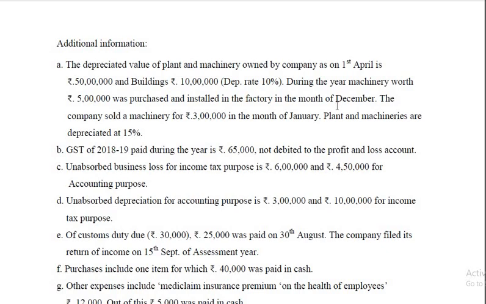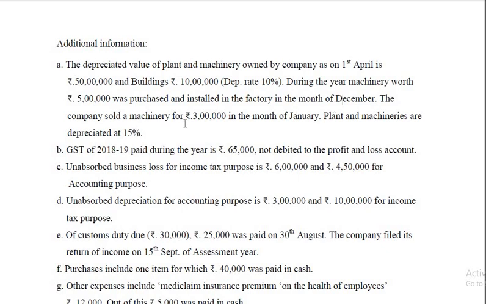That means it is used for a period less than 180 days. As a result, it is subject to normal depreciation as well as additional depreciation. So it is 50% of normal depreciation, that is, the normal rate of depreciation is 15%, 50% of that is 7.5%, and the additional depreciation rate is 20%, and here it is half of that, that is 10%.